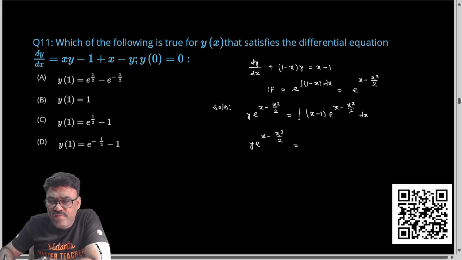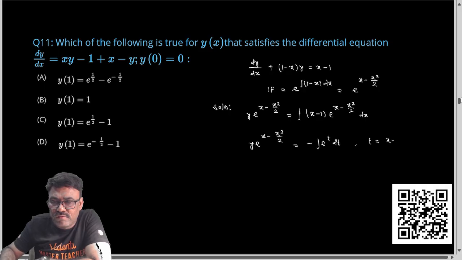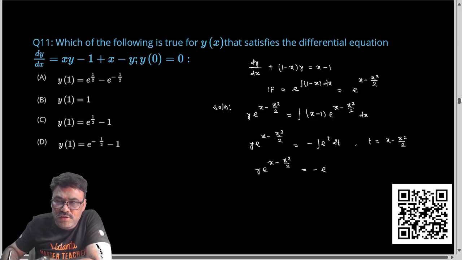On the right side, if you substitute x minus x square by 2 as t, then (1 minus x) dx is dt. So basically it is minus e raised to t dt, where t is x minus x square by 2. So you get y e raised to x minus x square by 2 equals minus e raised to x minus x square by 2 plus c.